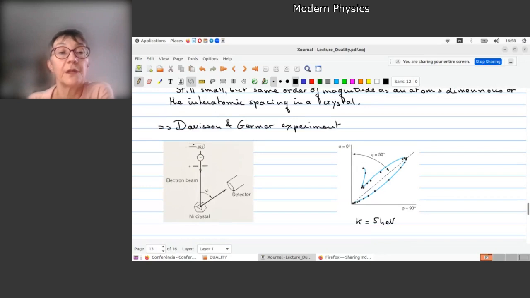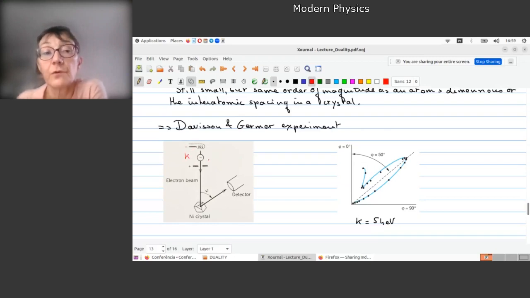You have a filament here, so you heat it, or you pass a current through this filament, so you will have emission of electrons. This is an electron. Between these two you accelerate, this is a heated filament, and this is the voltage to accelerate the electrons, and so here you control the kinetic energy of these electrons.